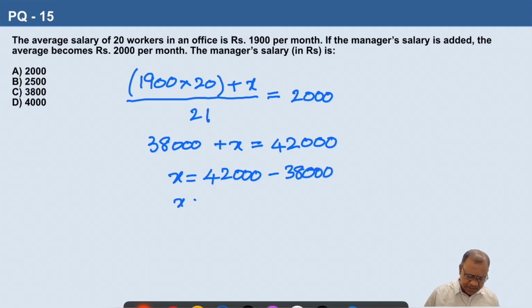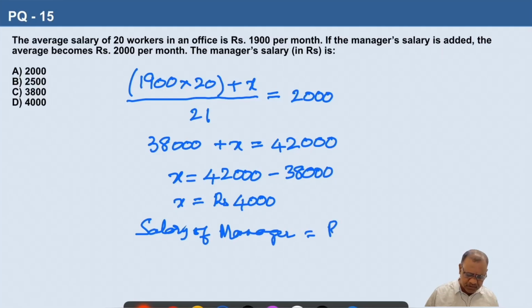That is 42 minus 38, which is 4,000. So this is the salary of the manager: 4,000 rupees. So answer is D.